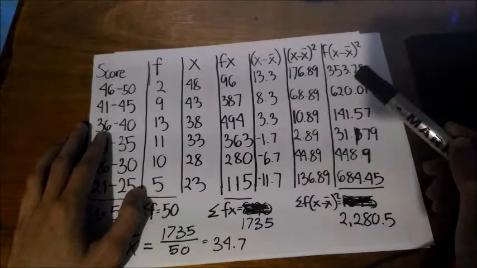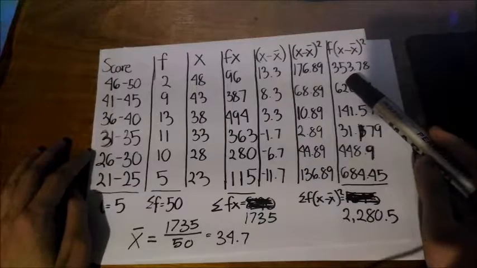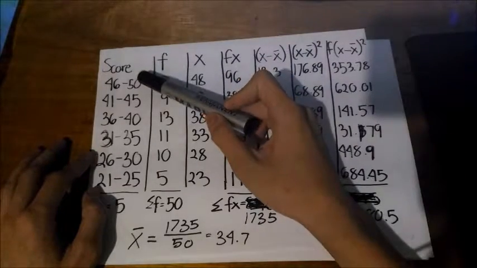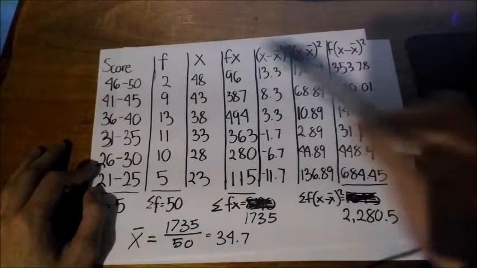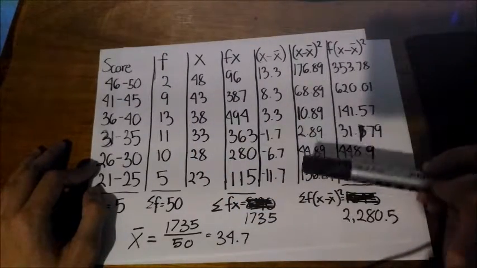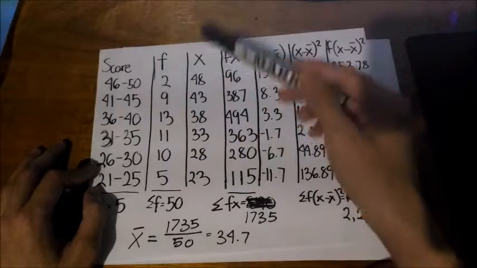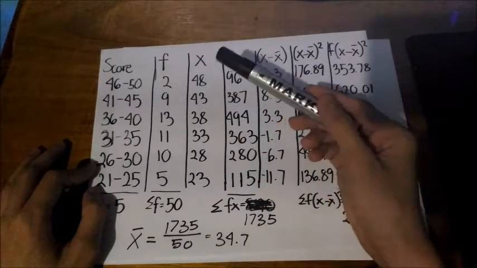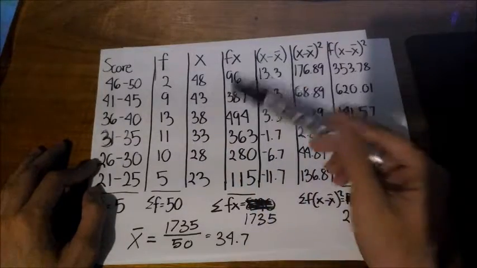How do you get the class mark? You add your data and divide by 2. So 46 plus 50 divided by 2 is 48. 41 plus 45 divided by 2 is 43, and so on and so forth.